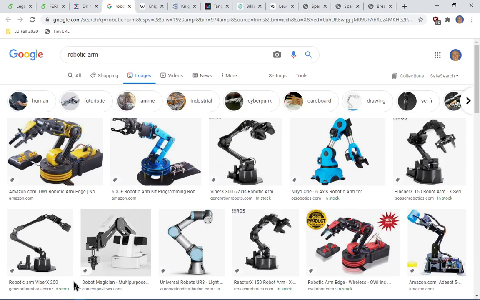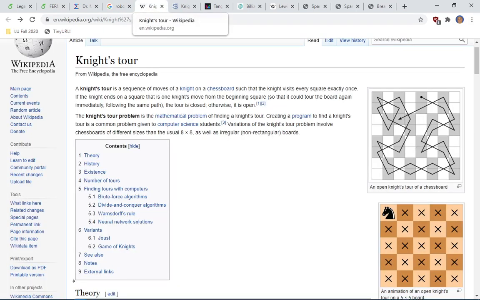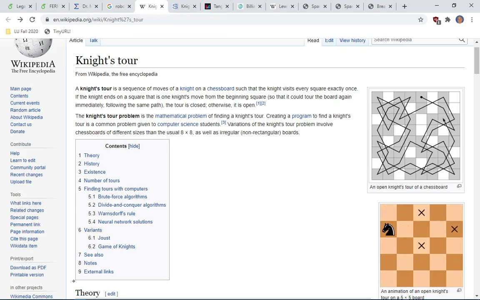Let me go toward more mathematical types of ideas. The next idea is in relation to the game of chess. One of the pieces that's quite interesting is the knight, or the horse, that moves in an L-shaped pattern.